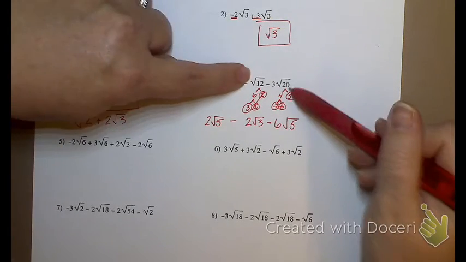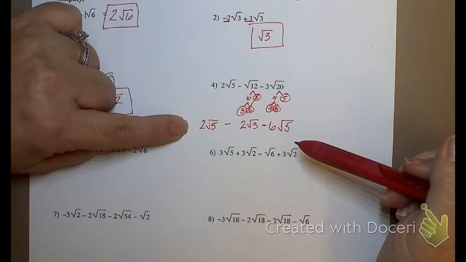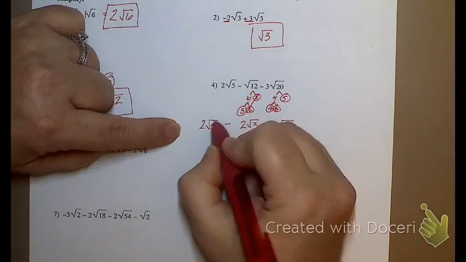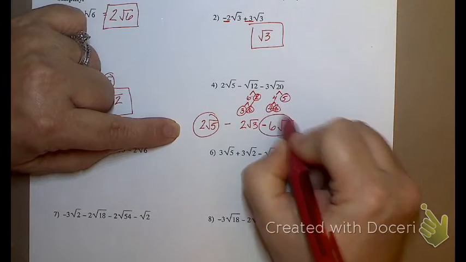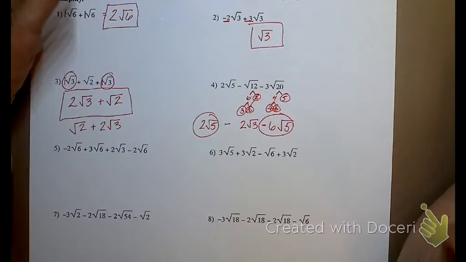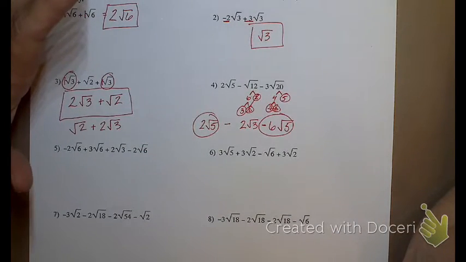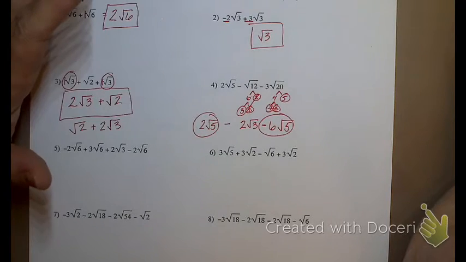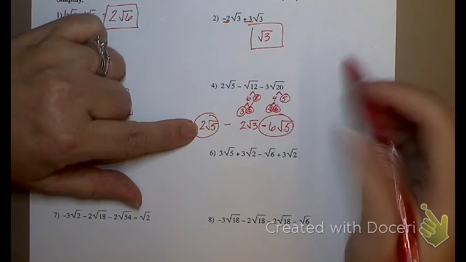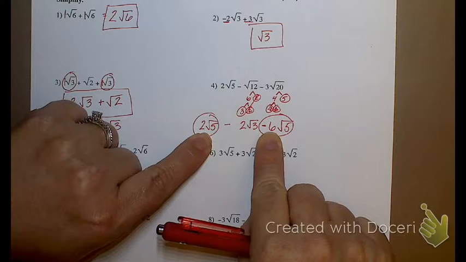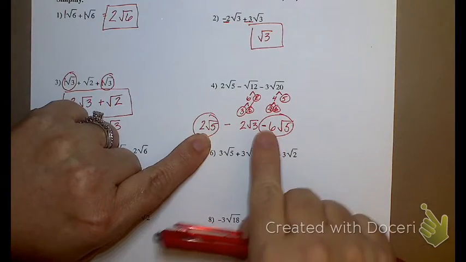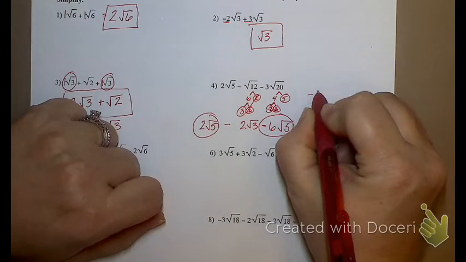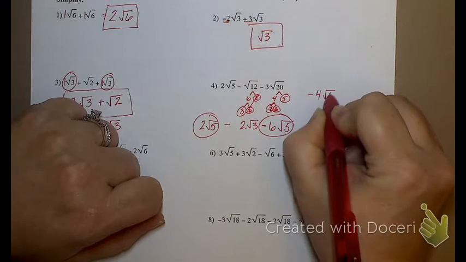So now that I have those 2 simplified, do I have like terms? Yes. I have 2 radical 5 and negative 6 radical 5. Now it doesn't matter whether I write the radical 3 term first or the radical 5 term first. What do I have as far as radical 5 though? 2 and negative 6 would be negative 4 radical 5.